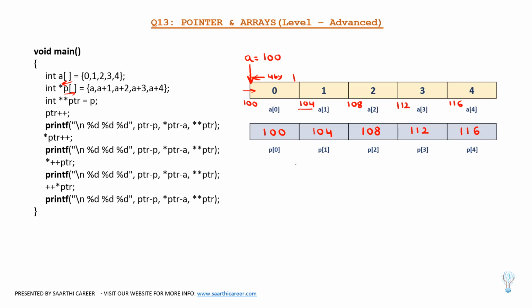Now, the same rule applies here. Assuming that 100 is stored starting at address location 200, the next address is going to be 204. Why 204?